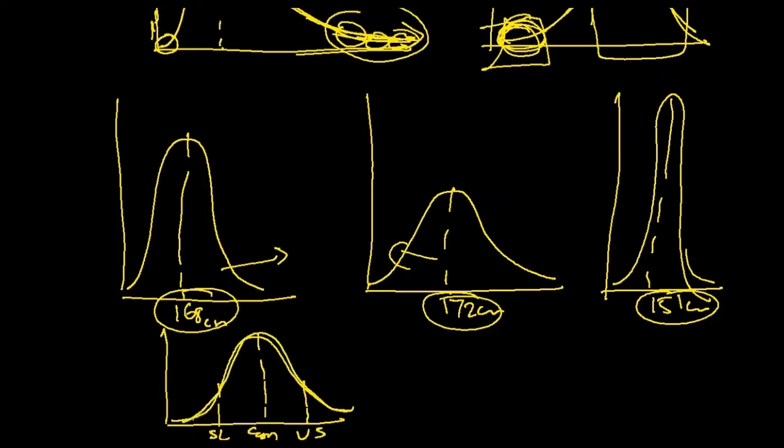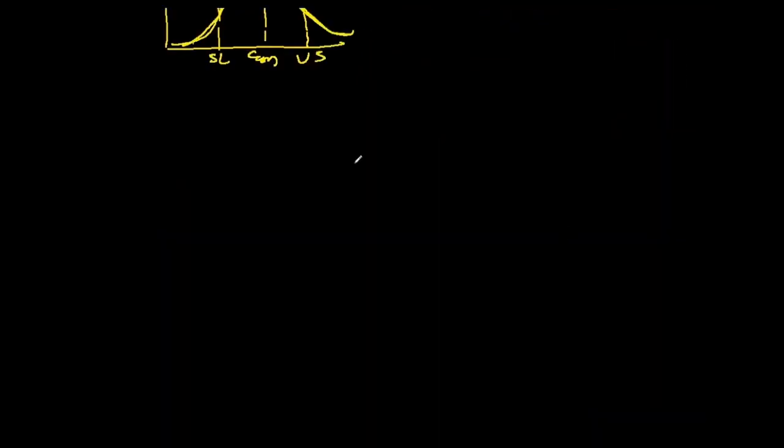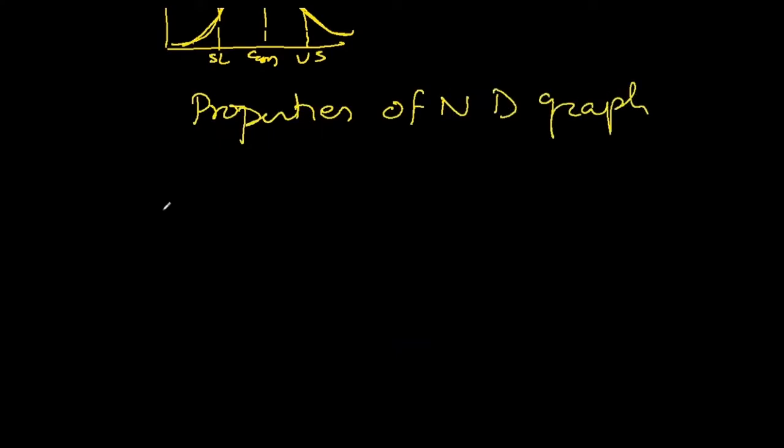That brings us to the next part, in which we'll talk about the properties of the normal distribution graph. First of all, I've already told you the shape of a normal distribution is like a bell. That's why it is called a bell curve.